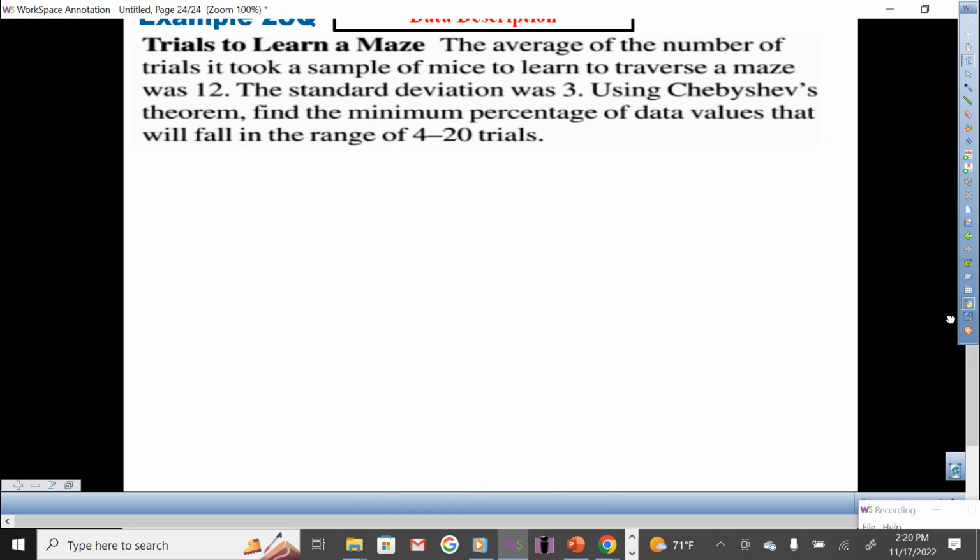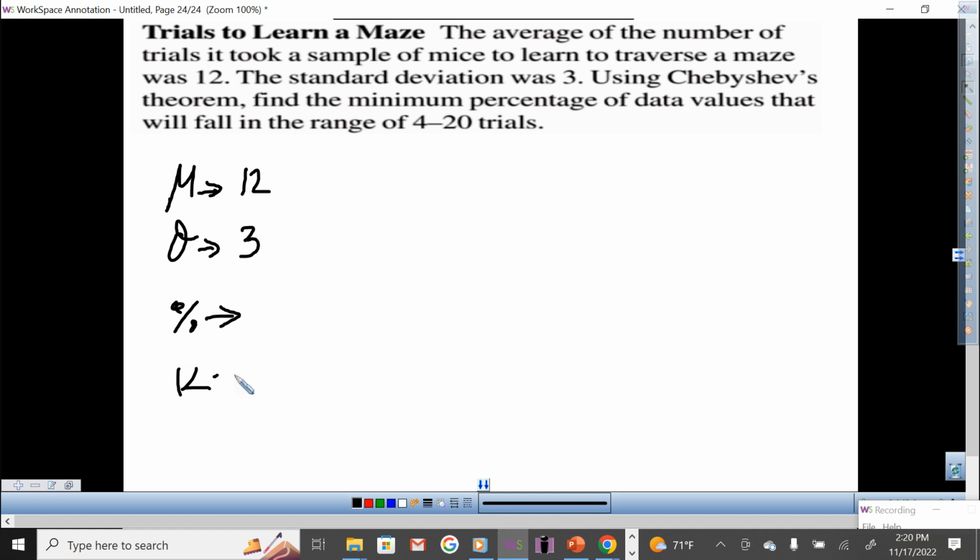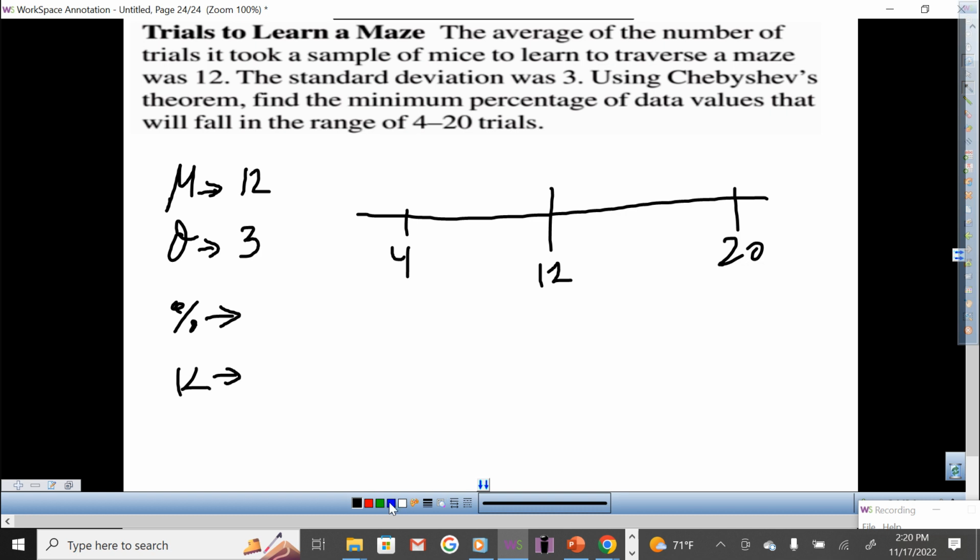All right, let's see. We got our mean, which is 12, yes. Standard deviation, 3. We need a percent, and we need K. So the mean is 12, and the ends we have 4 and 20. Is that correct? All right. So what's the difference from here to here? That's 20 minus 12, and that gives us what? 8.